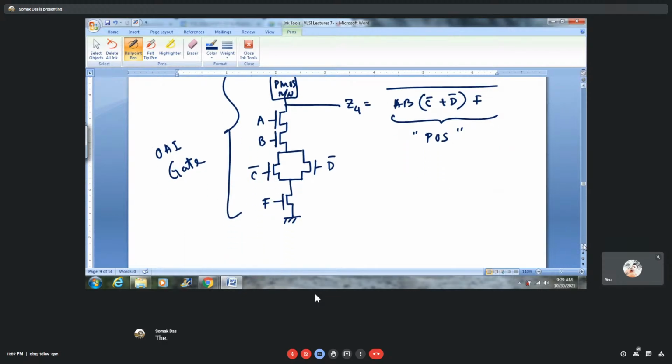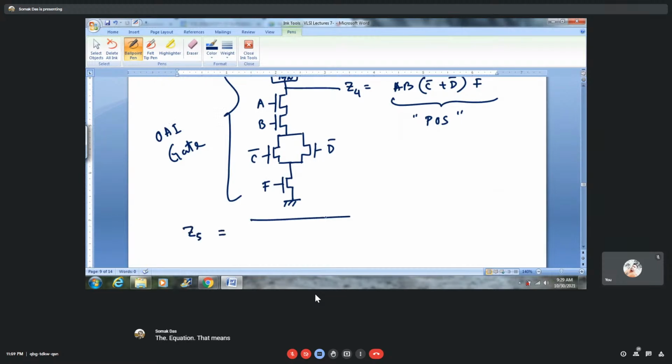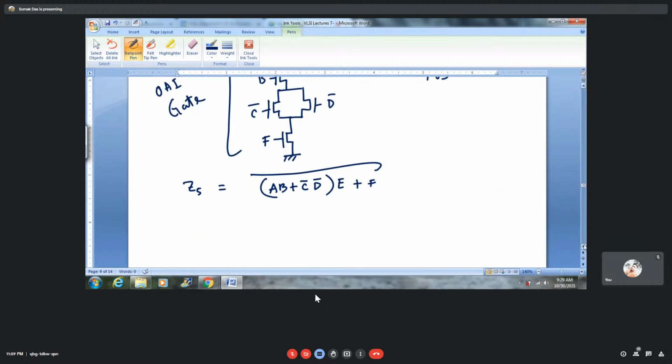What is the expression that means Z5 would have been like this: AB plus invert into E plus A. Then this expression is a sum of product.